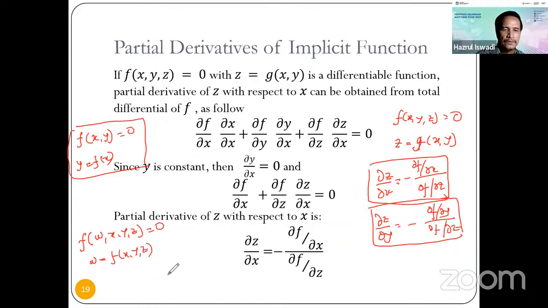So we have three formulas: ∂w/∂x, ∂w/∂y, and ∂w/∂z. This is the extension of this problem, and the formulas are similar to the other formulas.